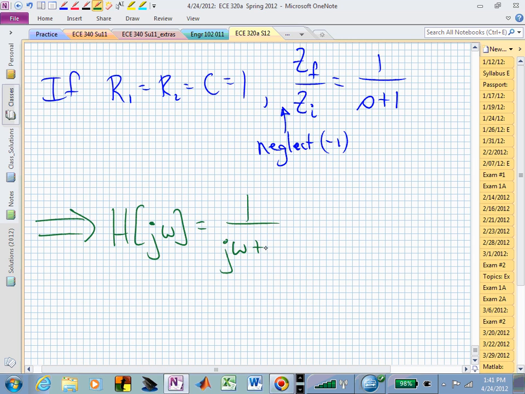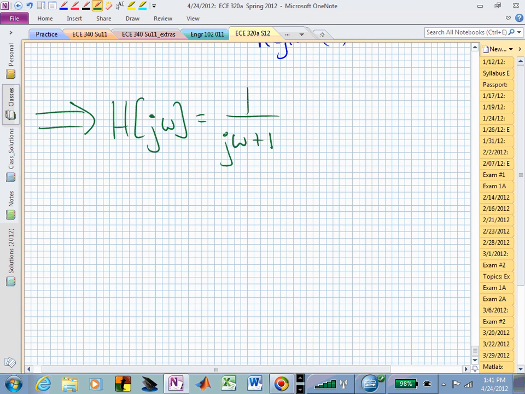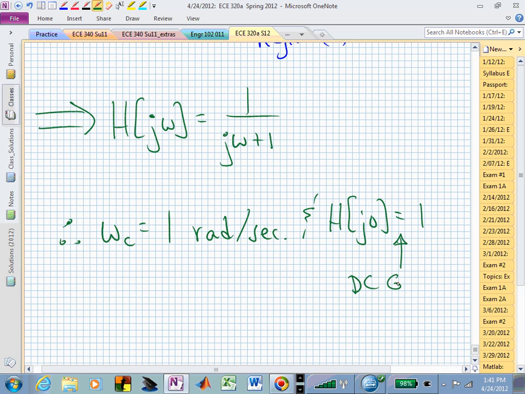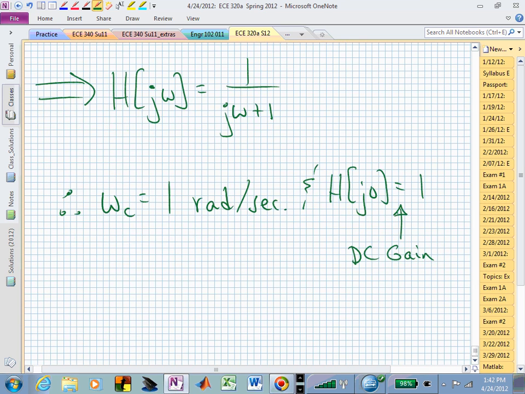And now what do I know? I now know that my cutoff frequency is 1 radian per second, and H of j0, which is my DC gain, is 1. And that's not meeting my original spec, is it?